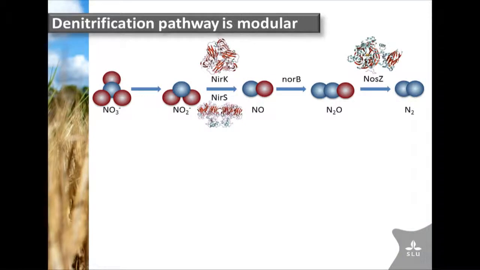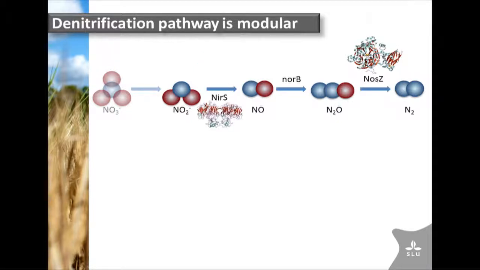But first, I want to define what I talked about as different functional groups within denitrifiers. So here is the pathway again, going from nitrate via nitrite, nitric oxide, nitrous oxide, and nitrogen gas. And if we exclude the first step, because there are lots of other organisms that are doing nitrate reduction, and focus on these key steps of denitrification, we can see that we have organisms that have the full pathway and have one type of nitrite reductase catalyzing this reaction.